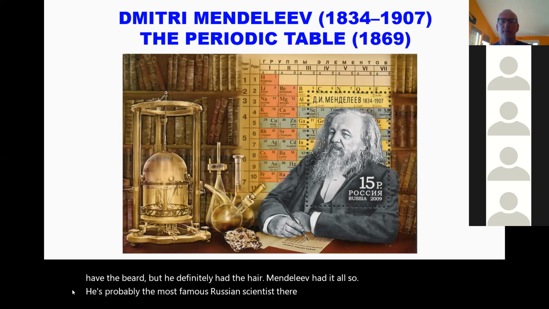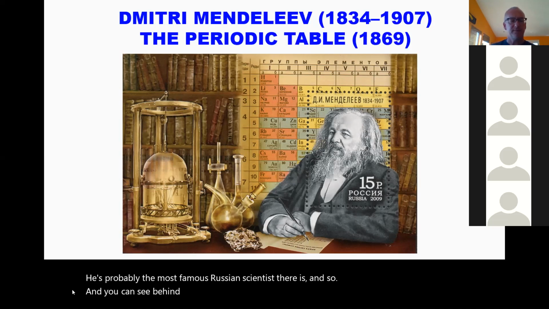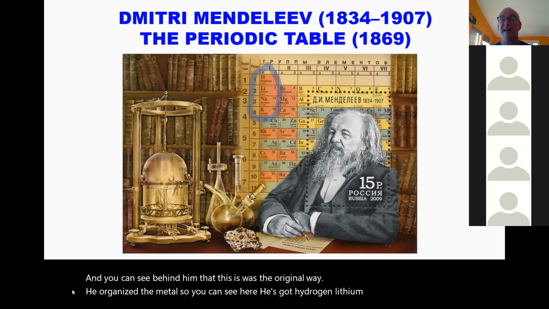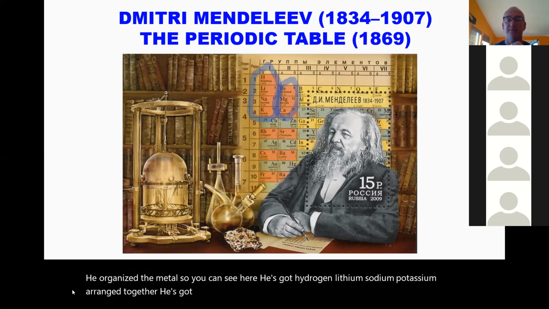And so you can see behind him that this was the original way he organized the metals. So you can see here, he's got hydrogen, lithium, sodium, potassium arranged together. He's got beryllium, magnesium, and calcium arranged together.